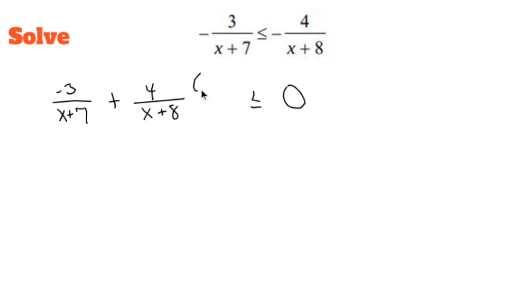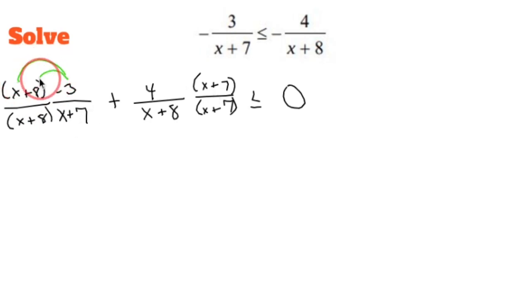So I'm going to multiply by x plus 7 over x plus 7, and I'm going to multiply the other by x plus 8 over x plus 8, like so. Now I'm going to use the distributive property. That gets me negative 3x minus 24.